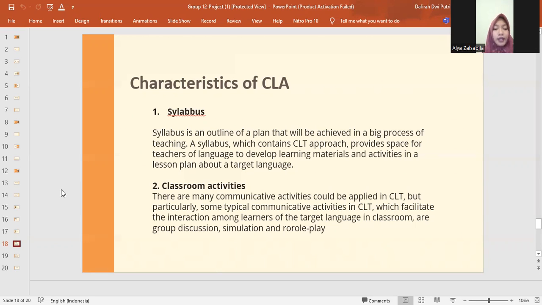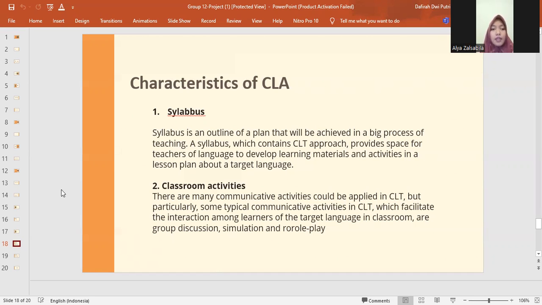According to Van Ek in the 1980s, there are 6 basic functions in the communicative language teaching approach syllabus. The first is imparting and seeking factual information, the second is expressing and finding out intellectual attitudes, the next is expressing and finding out emotional attitudes, the fourth is expressing and finding out moral attitudes, the next is getting things done, and the last one is socializing.